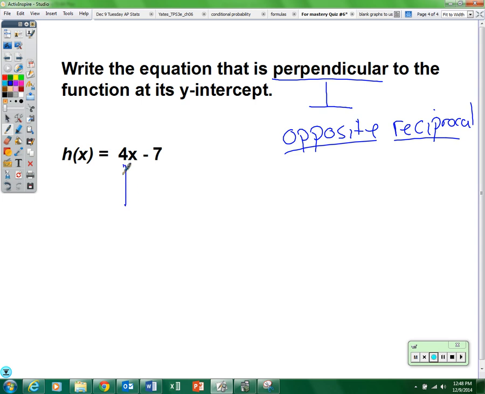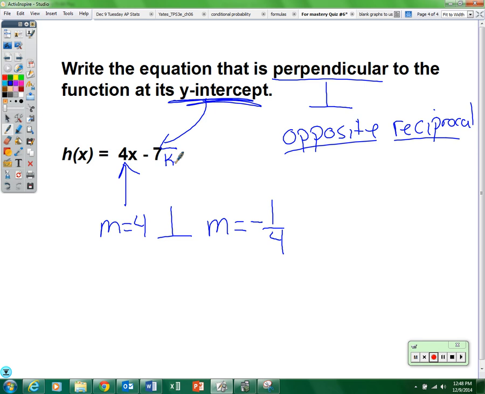Okay, so here's your slope. So, whoops, let me fix that. 4. So to be perpendicular, we need to flip it and change its sign. So to be perpendicular, it's going to be -1/4. Now, it says that it's perpendicular to the function at its y-intercept. Well, this is the y-intercept. So that means we're going to keep the -7.